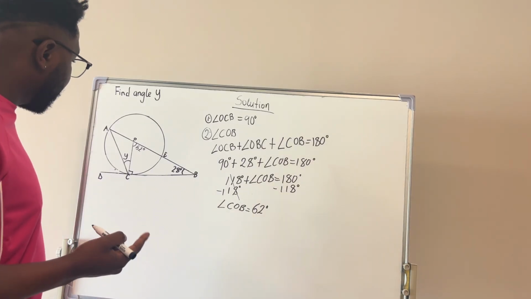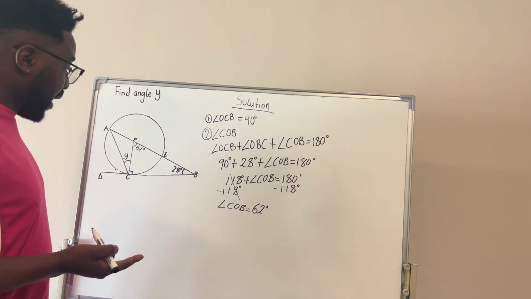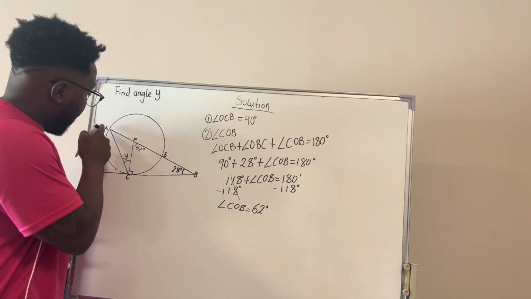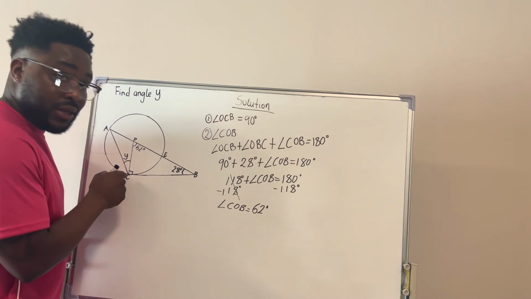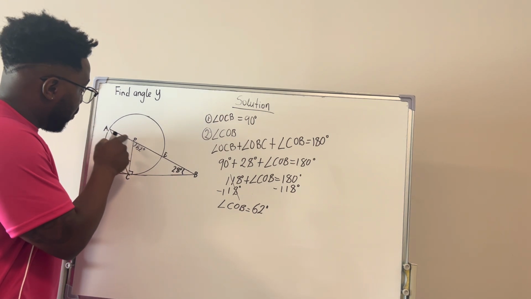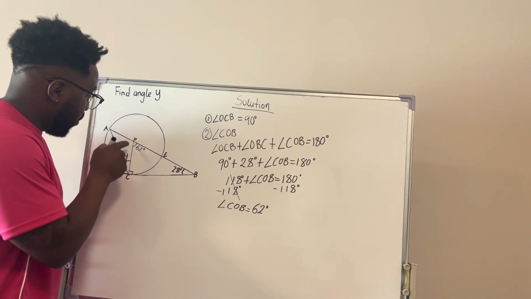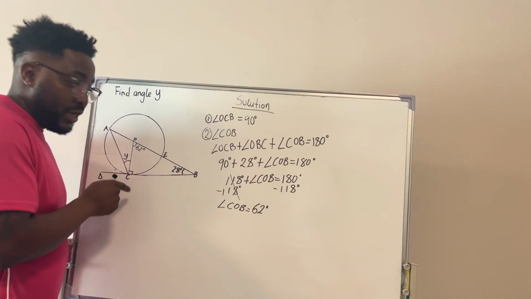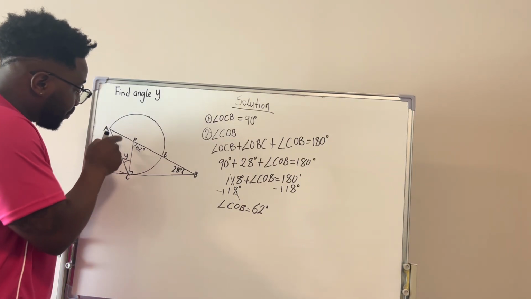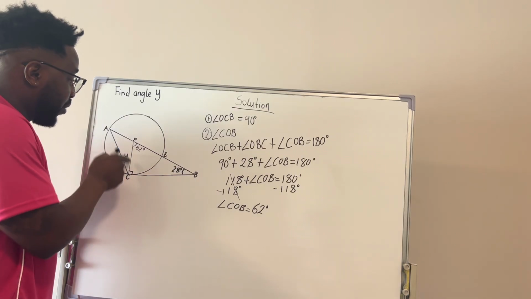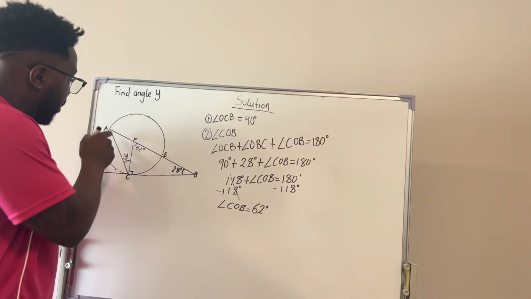Our next step over here is if we look at OA and OC, at this point, center O, we'll find that these two lines over here are equal, right? So we have radii.